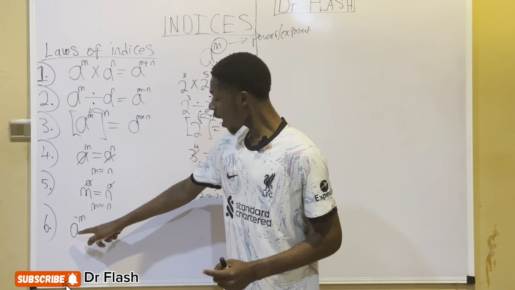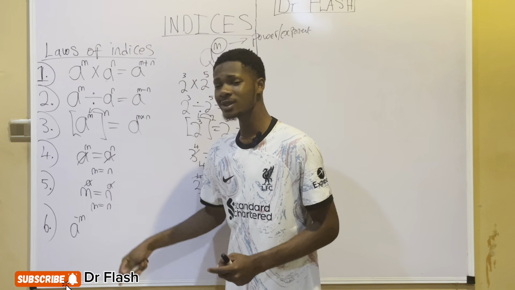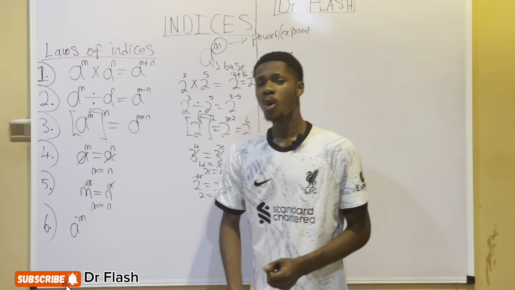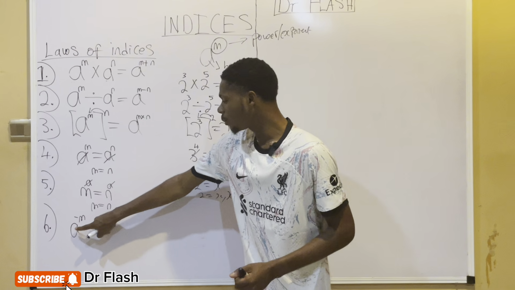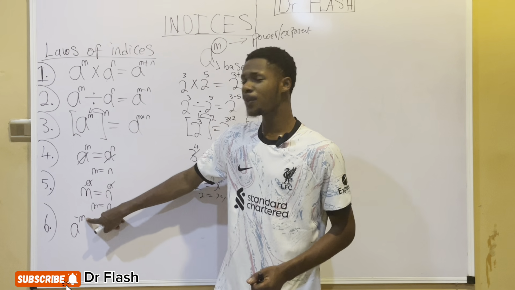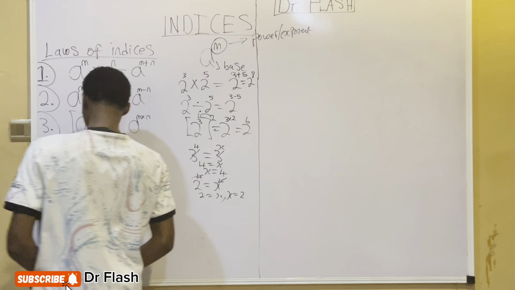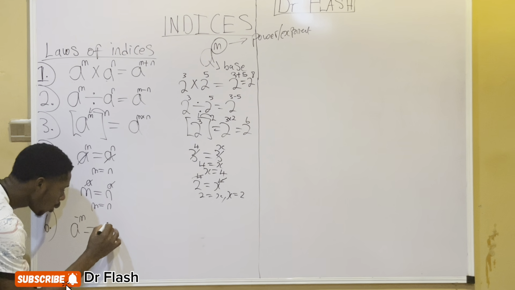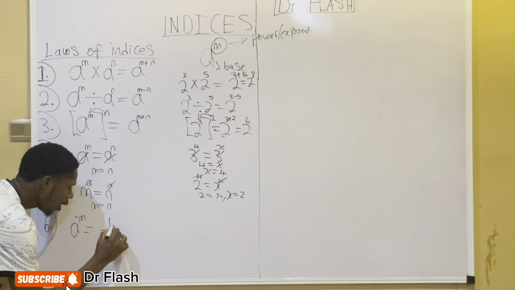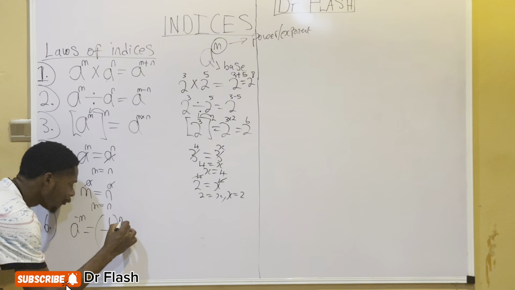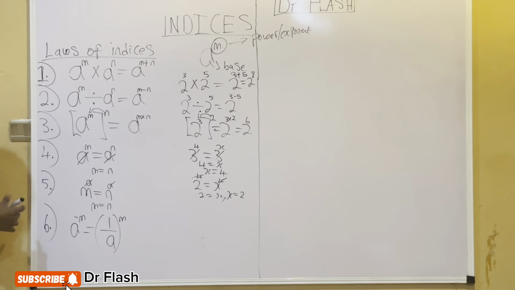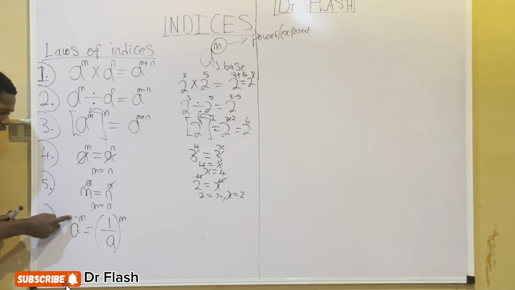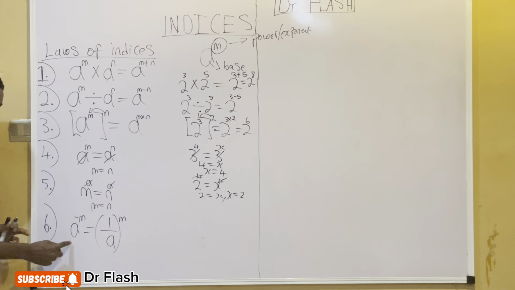So if we're having a raised to the power of minus m, to simplify this, we are going to take the reciprocal of the base and then put the power without the minus, in the sense that a raised to the power minus m becomes 1 over a, all raised to the power of m.